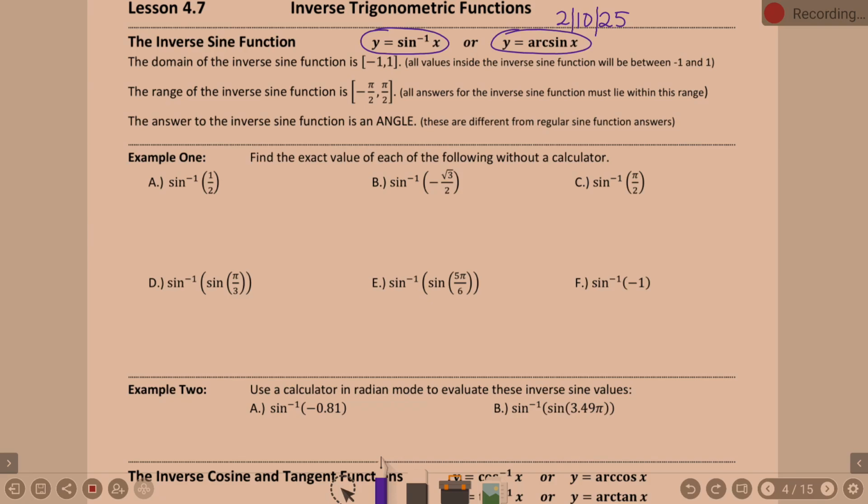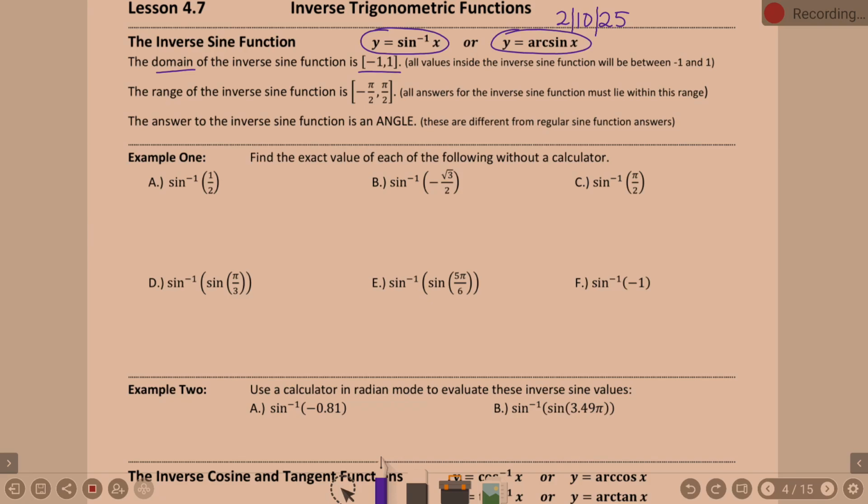Now, the domain of the inverse sine function is -1 to 1. So you see all those values that are normally our outputs? Well, now they're the inputs. So all values inside the inverse sine function will be between -1 and 1.